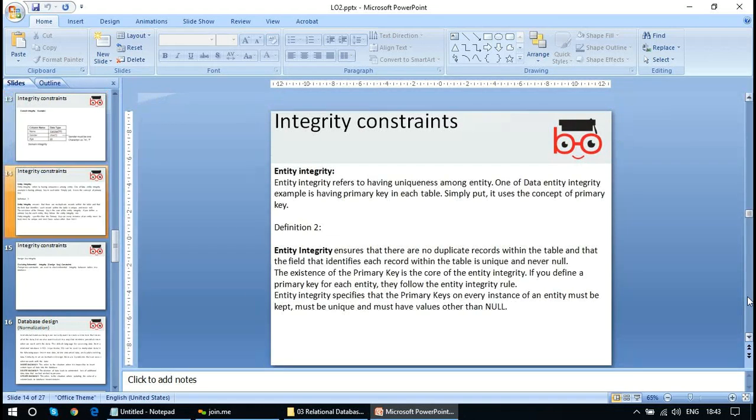Now, entity integrity refers to having uniqueness among entities. One example of entity integrity is having a primary key in each table. So when you talk about a primary key, you are talking about entity integrity.